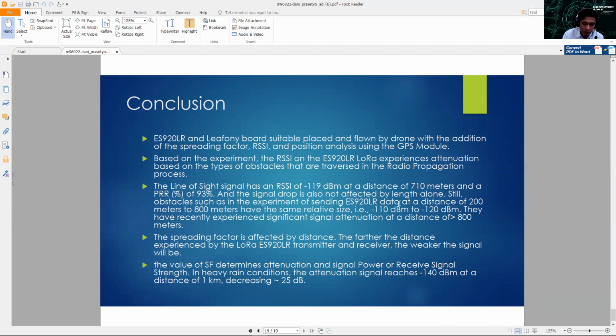The value of the splitting factor determines the attenuation and power of the received signal strength. In heavy rain conditions, the signal attenuation reaches minus 140 dBm at a distance of 1 kilometer, decreasing by around 25 dB.